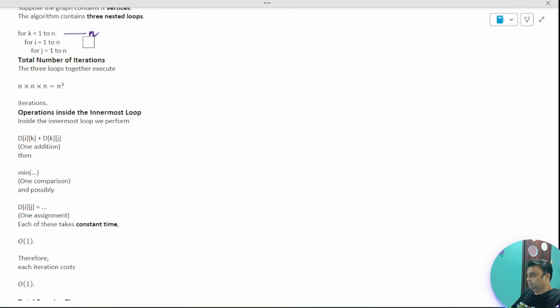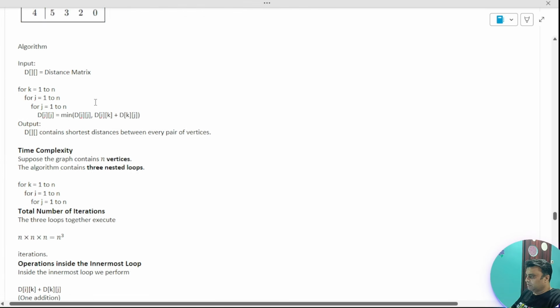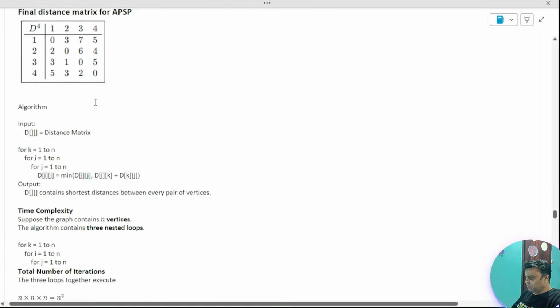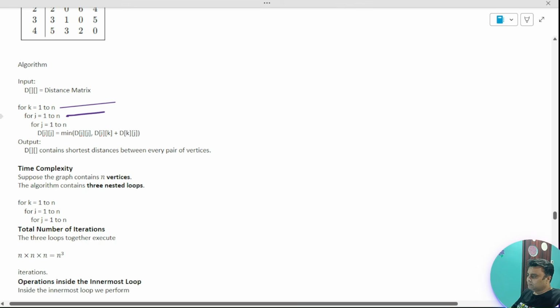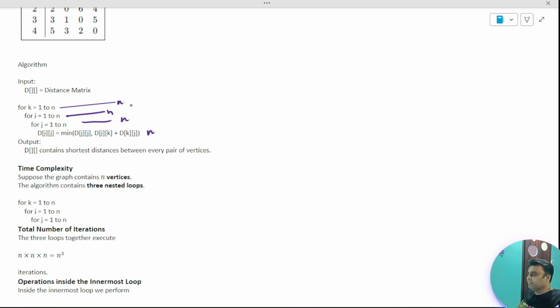But I am too pedantic about letting you know how that happens, so let me do it with the algorithm here itself. This is order of n. Because the outer is order of n, everything inside is an order of n. And the inner also executes n times, so everything inside executes that many number of times.